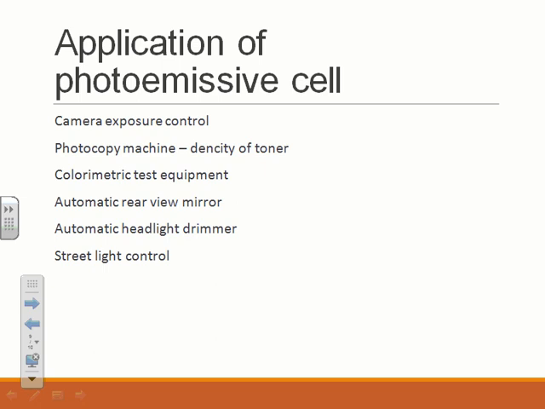Then automatic rear view mirrors in automobiles, automatic headlight dimmers in automobiles, and street light control. And we can use these photoemissive cells in many other applications.